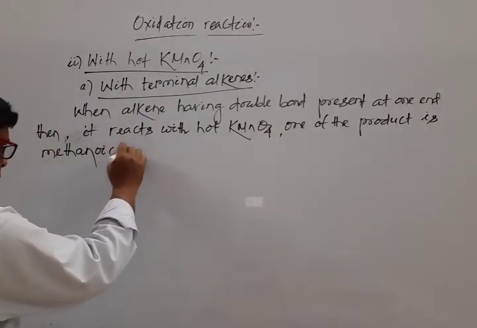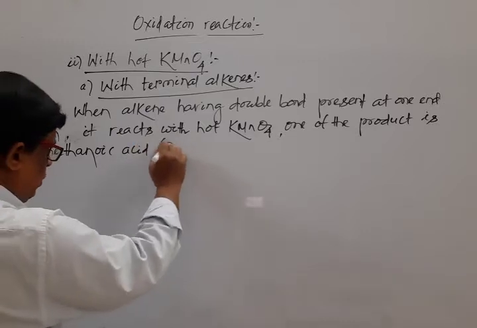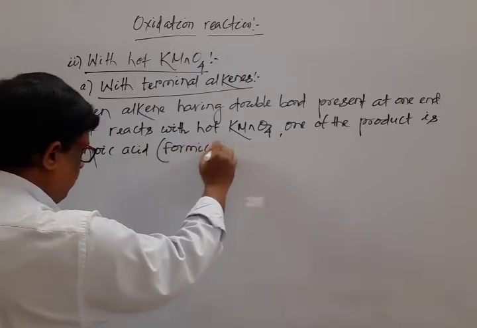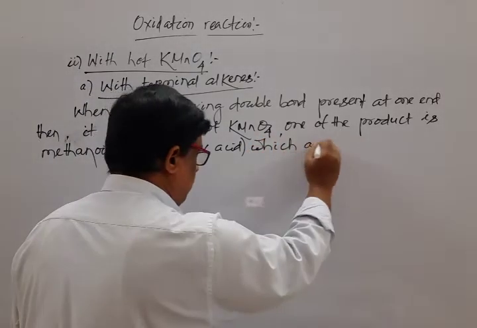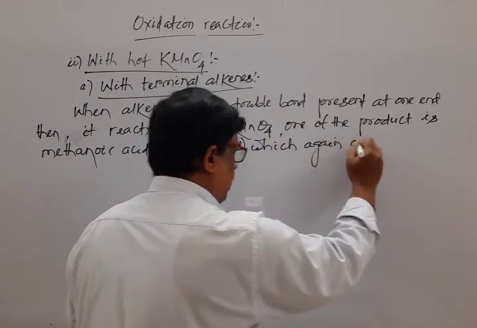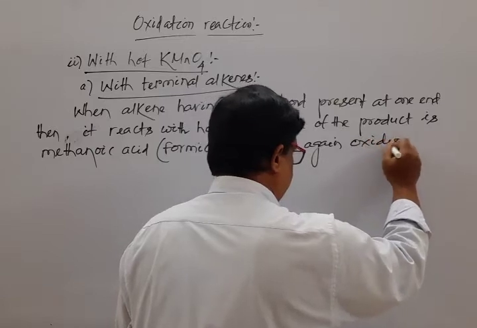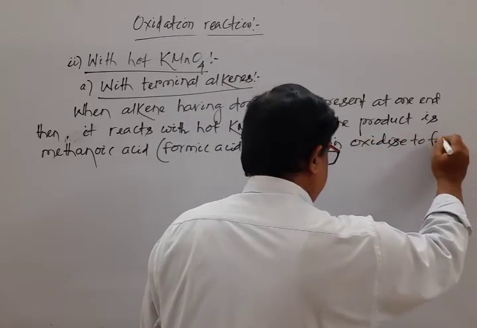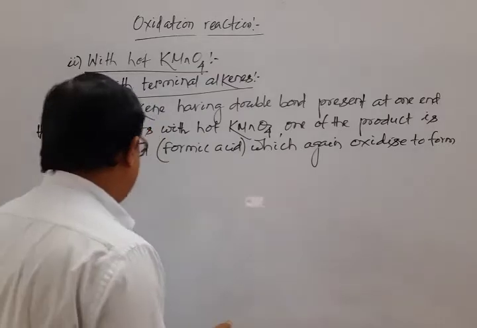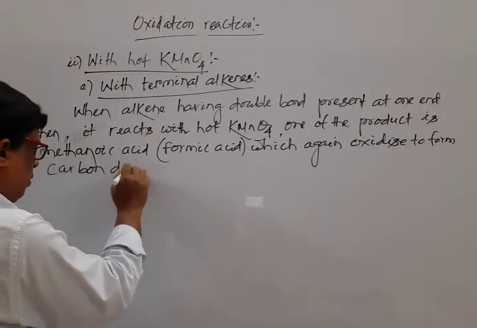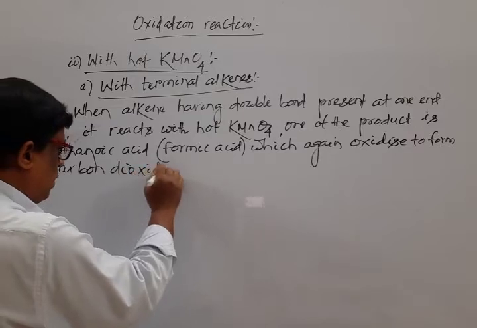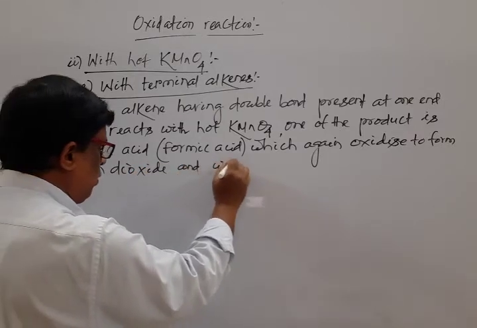IUPAC name is methanoic acid, common name is formic acid, which again oxidizes to form carbon dioxide and water.